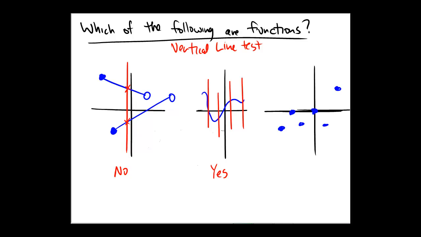This one's a yes. And the last example, every vertical line you draw in here is going to either hit once, or sometimes you get lines that don't hit at all. The point is that you never get a line that hits more than once. So this one would be a yes. Any one vertical line hits more than once, not a function, otherwise you are.